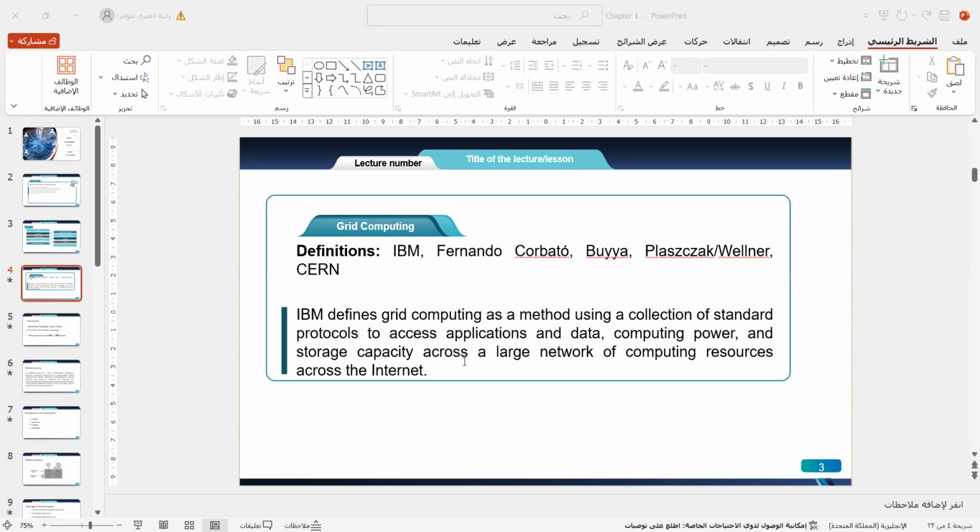After authentication, the user can move files using the grid FTP facility without going through the login process at every node.